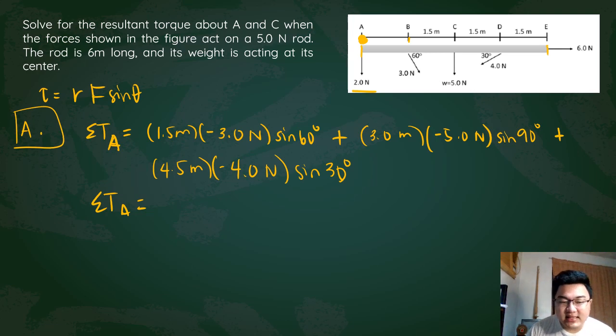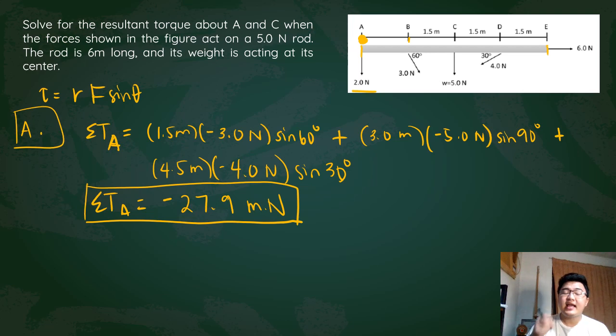That will give us the resultant torque at point A, negative 27.9. By the way, the SI unit for torque is newton meter. So this will be the resultant torque if our axis of rotation is at point A.